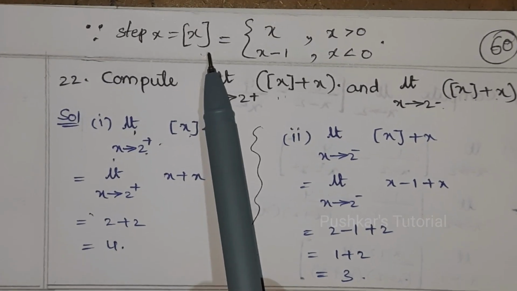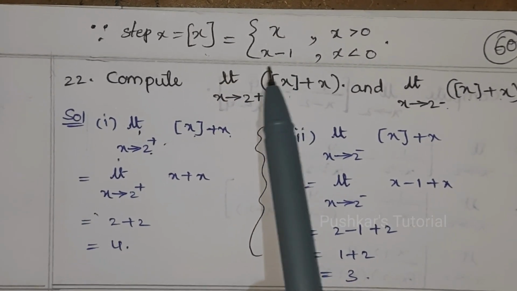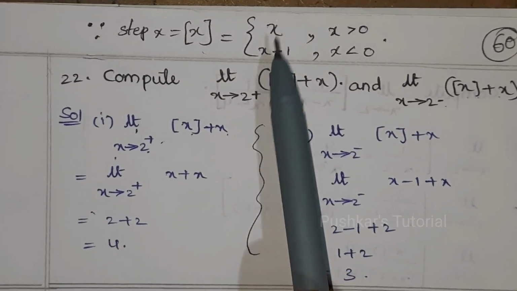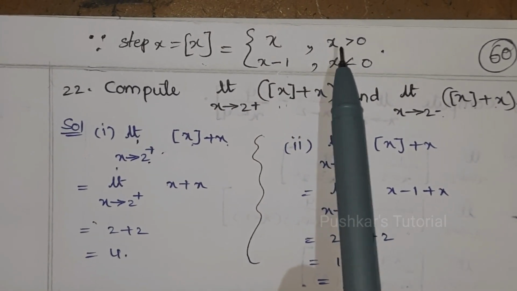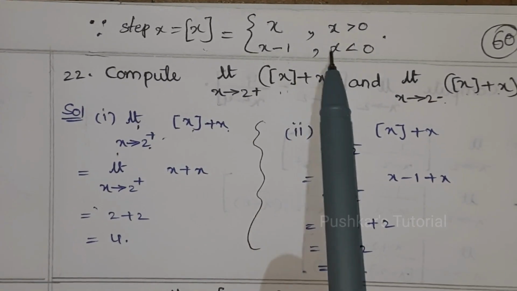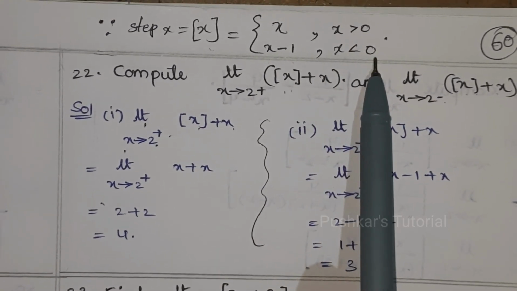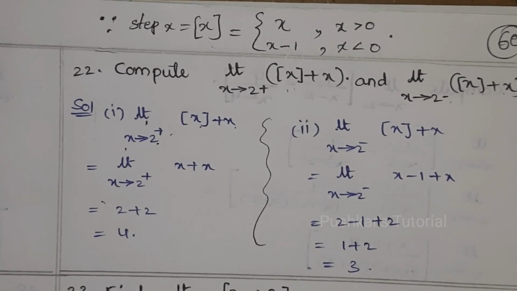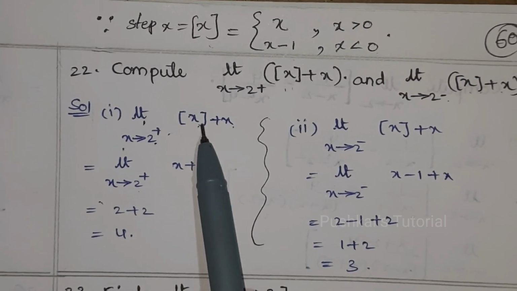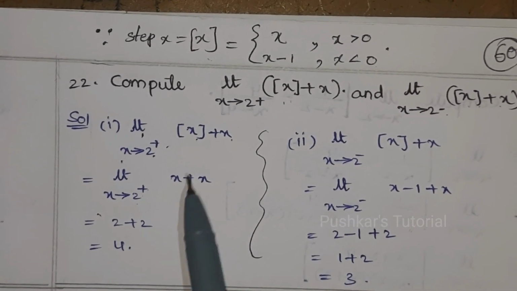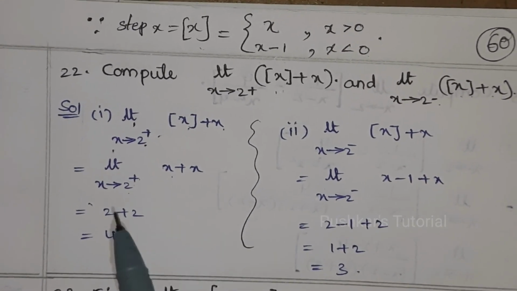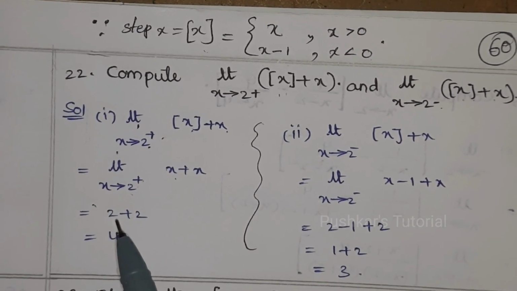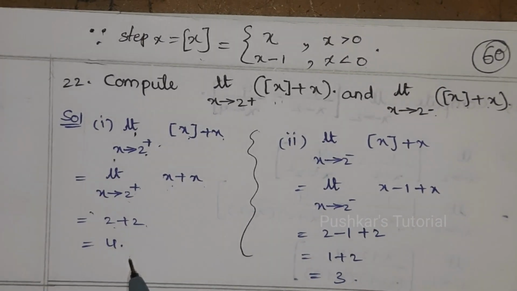Step x definition: x or x minus 1, that is, that number or the preceding number. That number will come when x is greater than 0. The preceding one, when will it come? When x is less than 0, we have to take the preceding. So for 2 plus, step x value, plus means greater than 0, step x answer is simply x. So wherever x is there you have to put 2. So 2 plus 2, answer is 4.